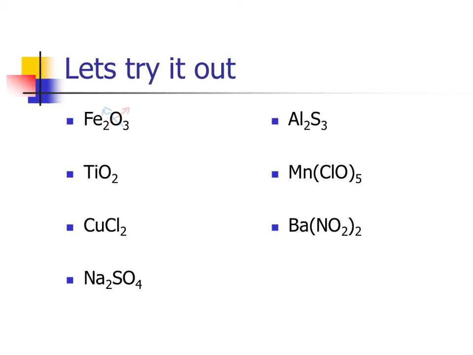The 3 goes to the iron, which can make sense. And so when I go to write it out, and I write iron 3 oxide, everything works out. That 2 going to the oxygen is kind of my verification that I did this correctly.